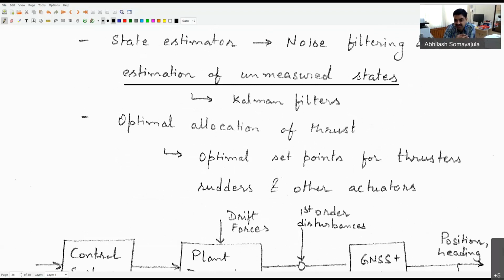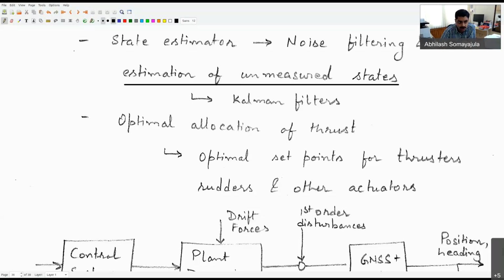So let us say that if I have a bow thruster, at what RPM should I be running my bow thruster? If I have a rudder, what rudder angle should I be positioning in order to get the required thrust which I need to keep my vehicle in place?